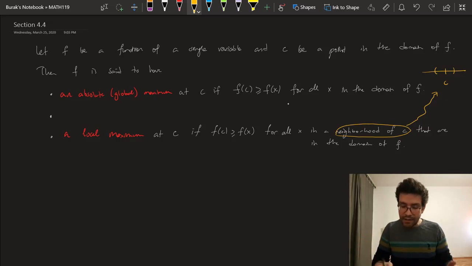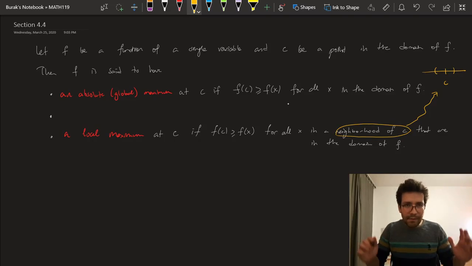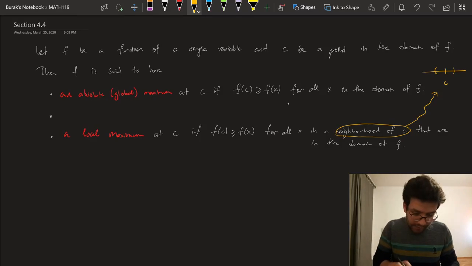So when I say for all x in a neighborhood of c that are in the domain of f, you just take a neighborhood of c like this and intersect it with the domain of f. Whatever you get, you just test for those x values. So a neighborhood is simply any open interval around c. Now, this gives you the notion of local maximum.